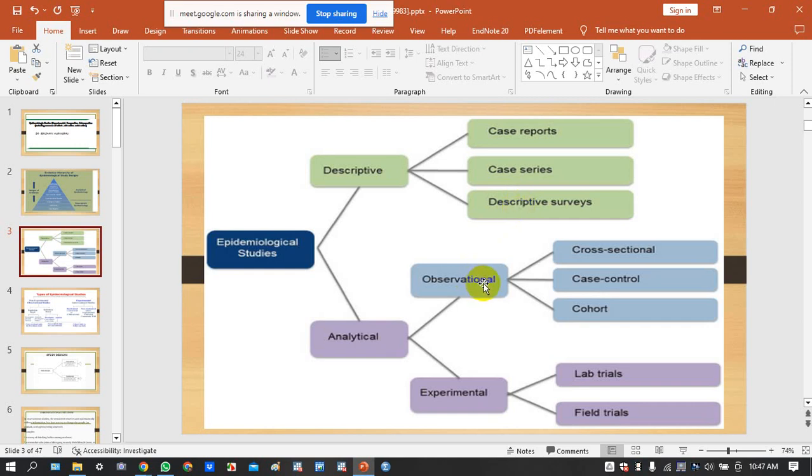Then we also look at observational studies. An observational study is a study where you go in and observe what is happening without changing anything. For instance, we have the cross-sectional study, case control study, cohort study. When I was doing my second degree, I was working on anemia in pregnant women, and that was a cross-sectional study.